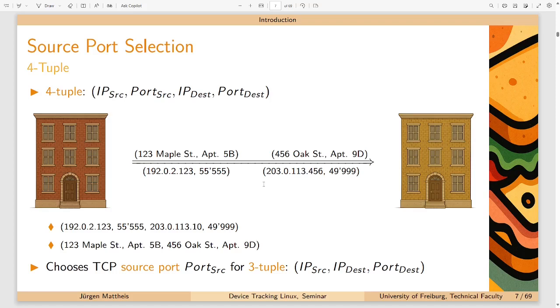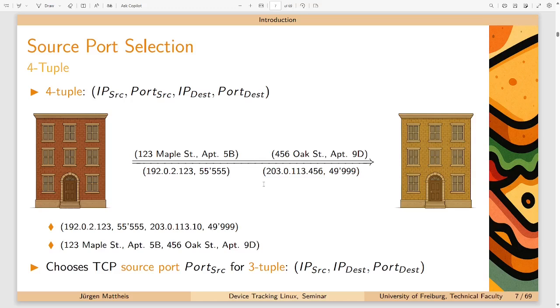Then we come to source port selection. Basically, if you are on the internet, you are always communicating with a so-called four-tuple: IPs and ports, for source and destination.